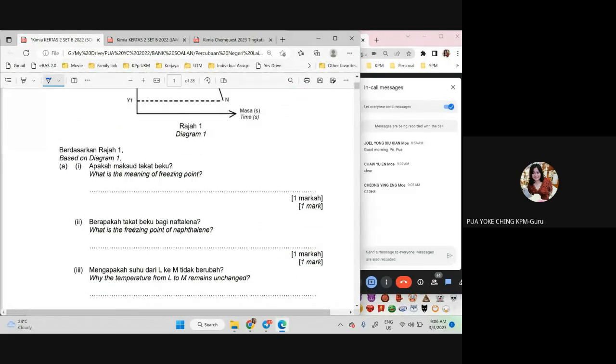So first, A1, what is the meaning of freezing point? Freezing point is the temperature where freezing occurs.